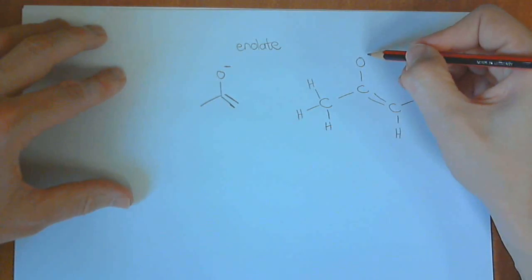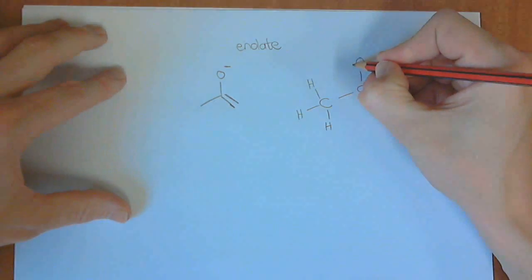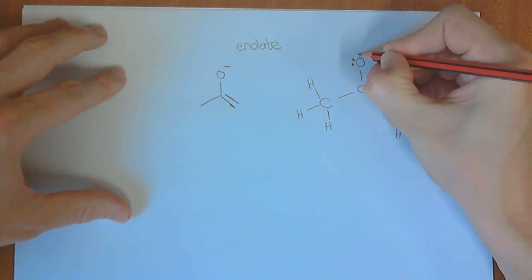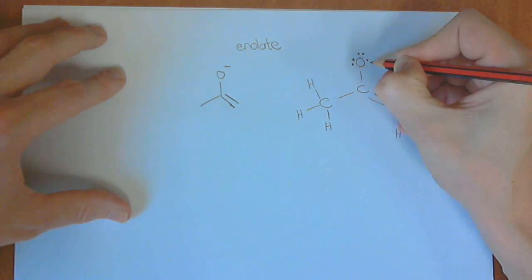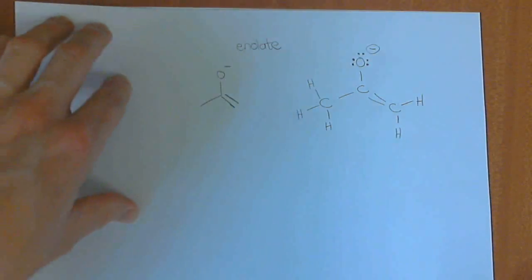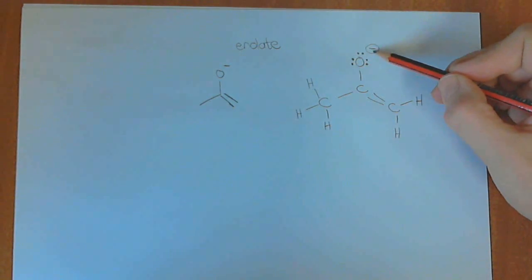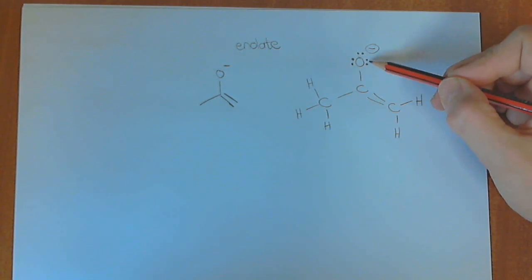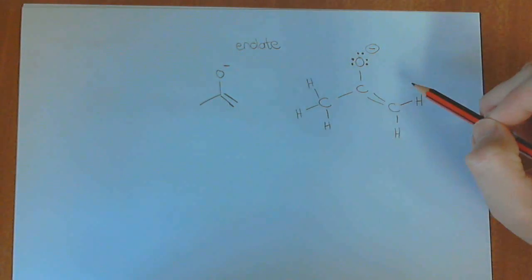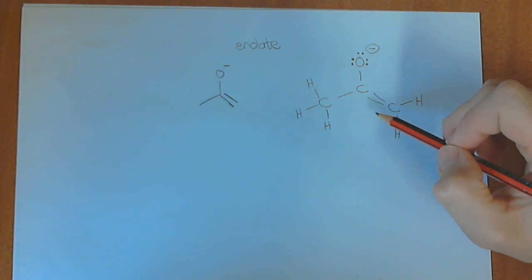And so the oxygen has a negative charge, and we should know how to fill in all the lone pairs on the oxygen. It must have 3 lone pairs around it in order to have this negative charge, because oxygen would normally have 2 lone pairs, and the negative charge is contained in the 1 lone pair which is there.